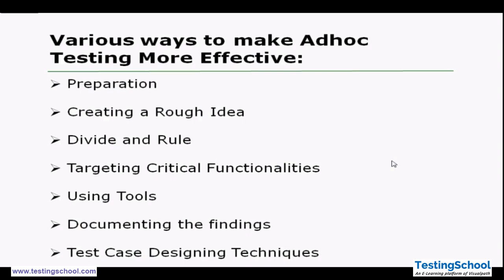The main priority of ad hoc testing is to verify that the major functionalities are working fine. Use tools. Document the findings. If you document all the findings while executing ad hoc testing, that is good because it would help you the next time.